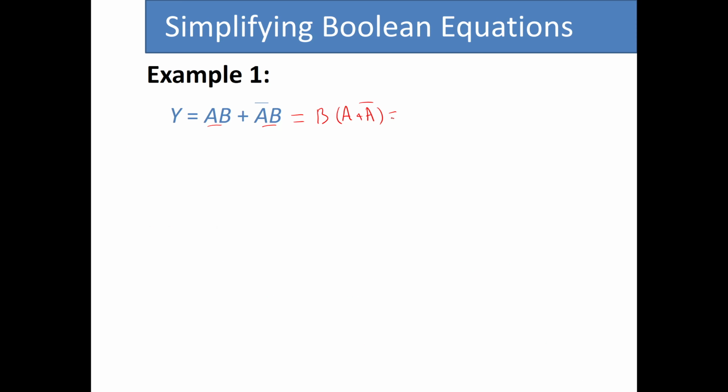So now we have A plus A bar. And we know from the complements theorem that this equals 1. So now this equation is simplified to only B. So this was a very basic example that we saw we can simplify using Boolean algebra.